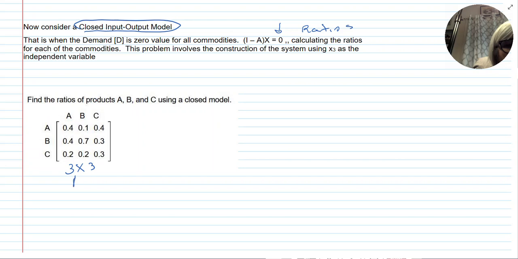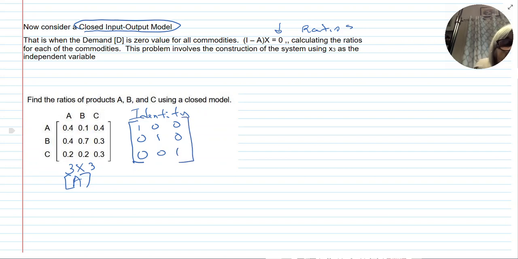So this is going to be my A. And here's my identity. 1, 0, 0, 0, 1, 0, 0, 0, 1. All right. And then we're going to do nothing more.